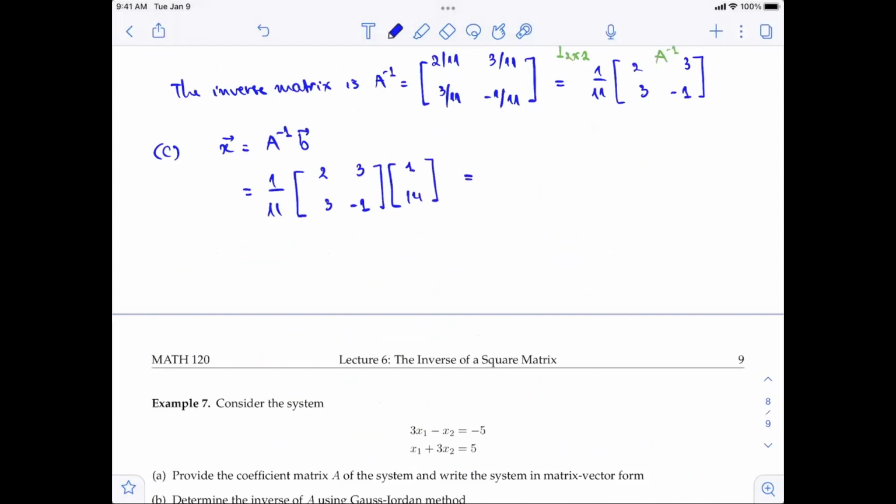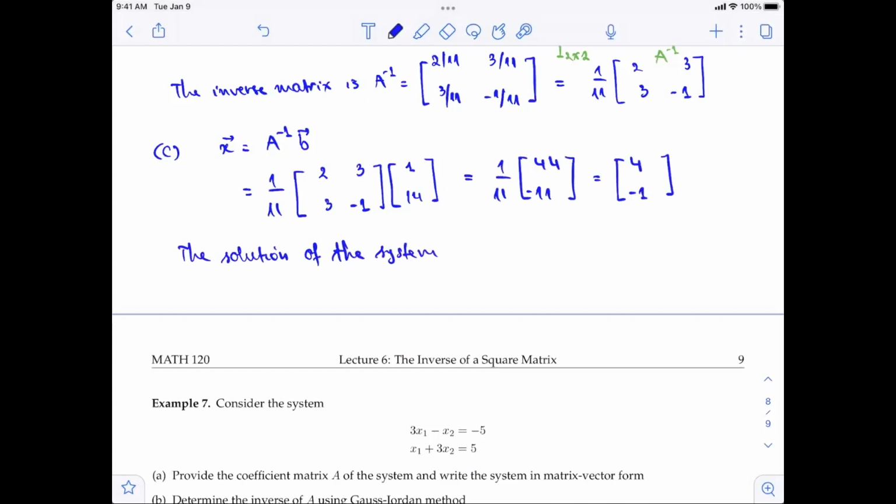Now, if you do the matrix multiplication for these two matrices, you're going to get the column matrix 44, negative 11. Sorry, this is negative 11. So you conclude that the solution of the system is x1 equal to 4 and x2 equal to negative 1.